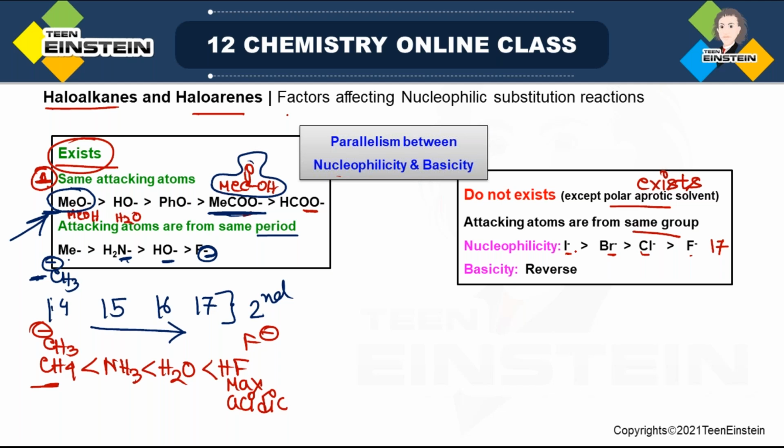But if you consider basicity, the order is reverse. F minus is maximum basic, then Cl minus, then Br minus, and then I minus. Now this is true only for polar protic solvent.